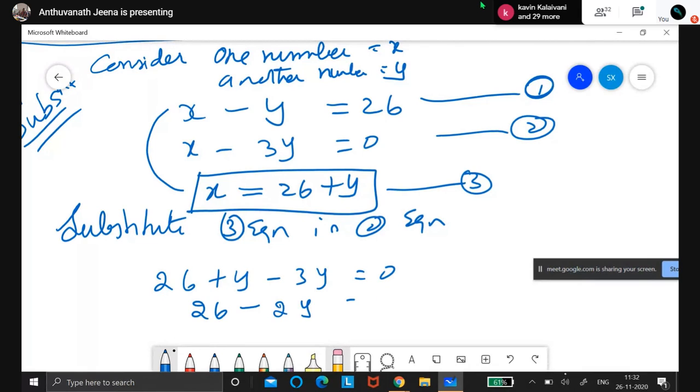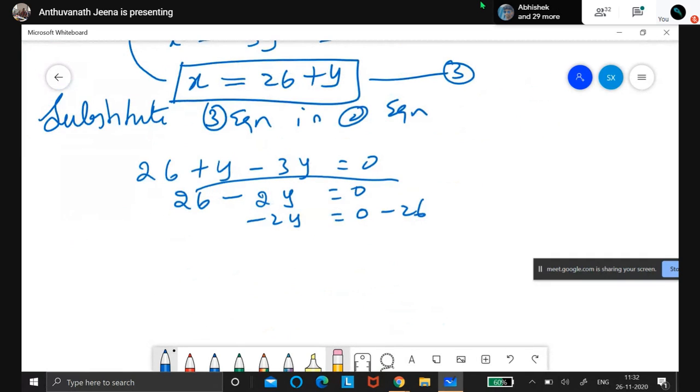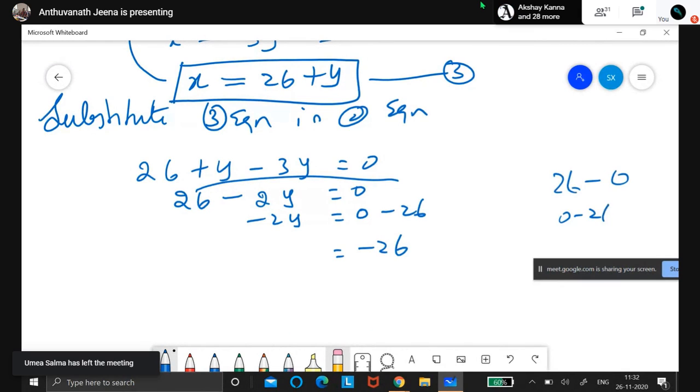Minus 2y is 0 minus 26. Remember, when this comes, don't put zero. Some people will see 0 and think y is equal to 0. That is wrong. Carefully, when 26 comes over, it will become minus 26. They know 26 minus 0 is 26, but they don't know 0 minus 26 is minus 26.